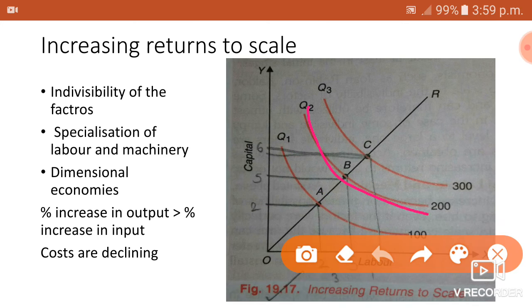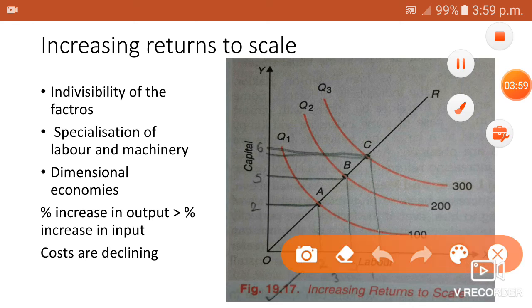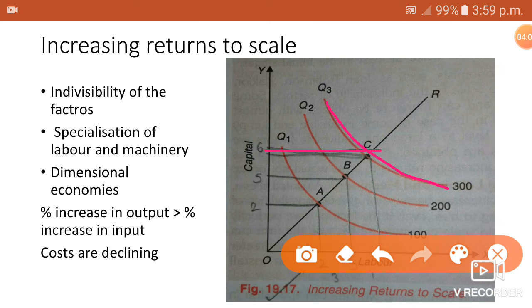Isoquant curve Q2 produces 200 with capital of 5 and labor of 5. On isoquant Q3, capital is 6 and labor is 6.